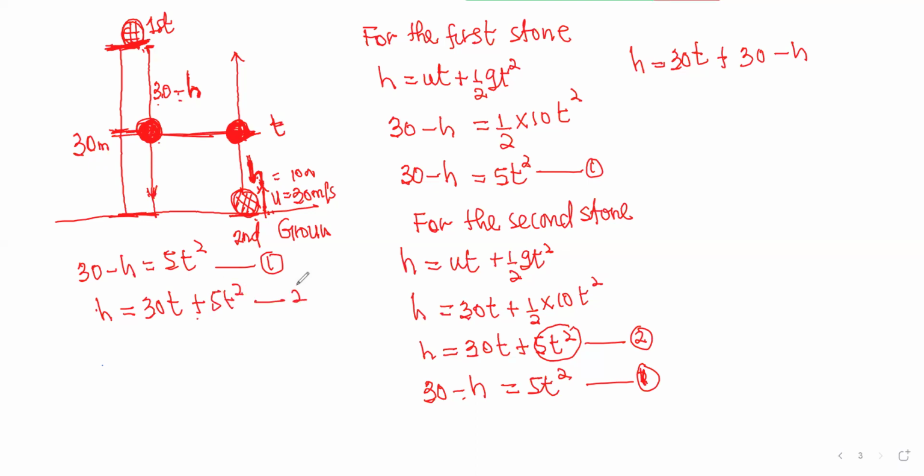Can you help me solve these two equations simultaneously? Help me solve for t. You can substitute equation 1 into 2 or 2 into equation 1, whichever way you want to go. When you get the value of t, then you can find the value of h.